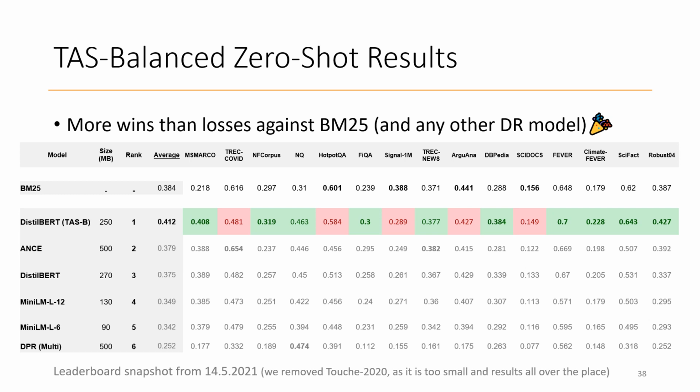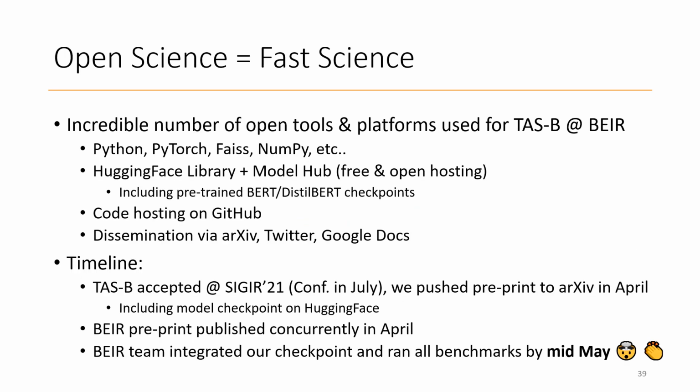The answer is, it's very good. It's the first dense retrieval model to have more wins than losses against BM25, as well as any other dense retriever. And it currently sits atop the leaderboard in the BEIR benchmark.